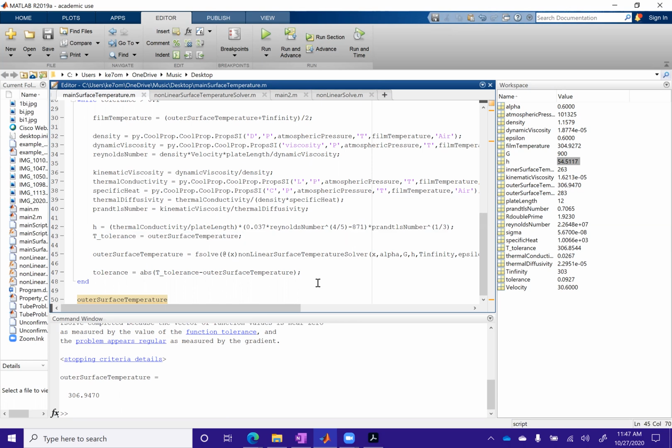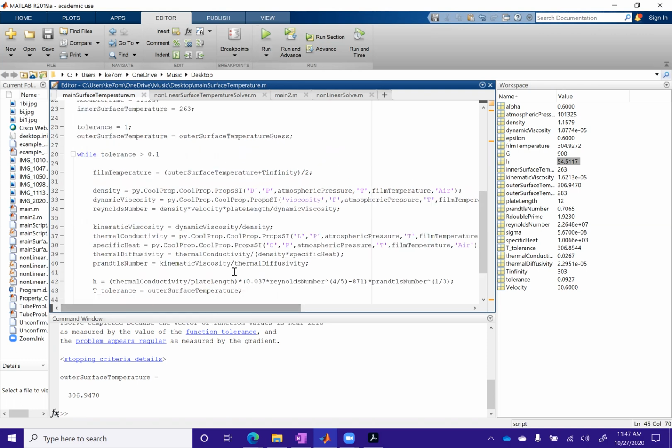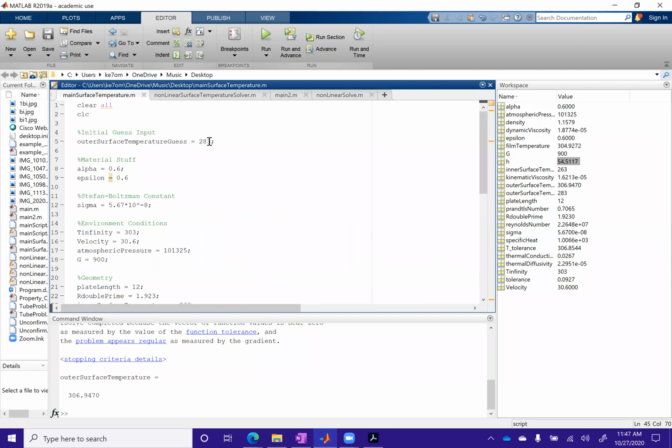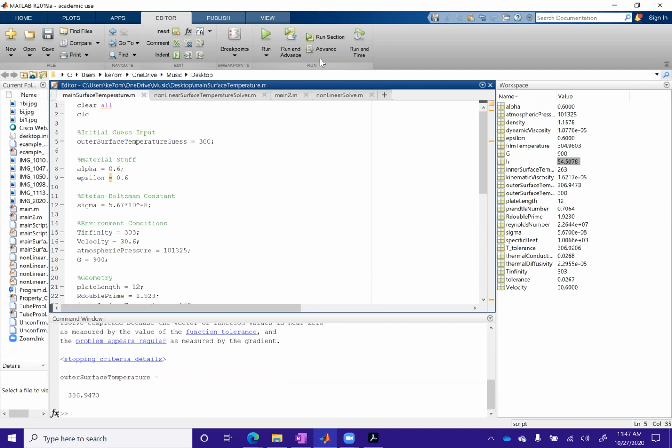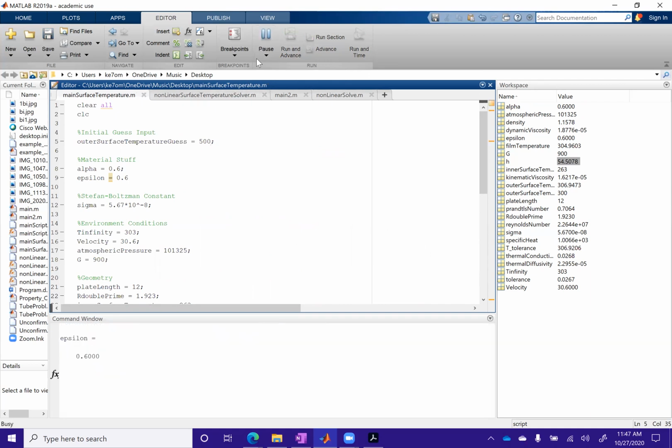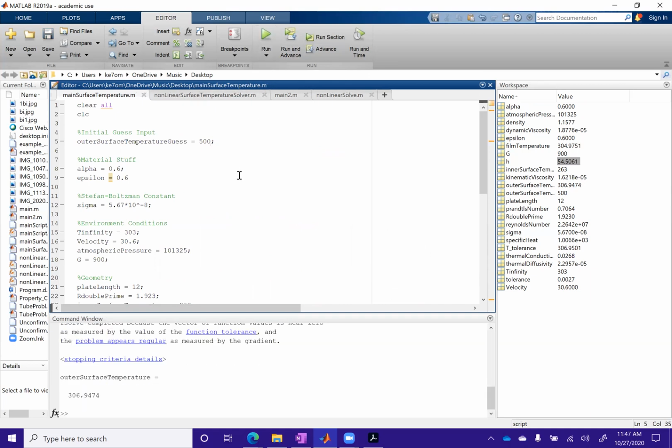The other thing I wanted to show you is, does the guess matter, right? So right now we have 306.94. So let's change this guess to 300. Do we get 306.9470? Pretty darn close, 306.9473, right? Let's change it to 500. 306.9474.